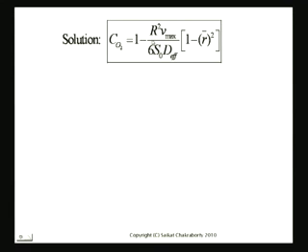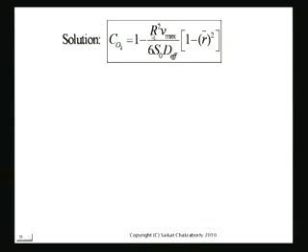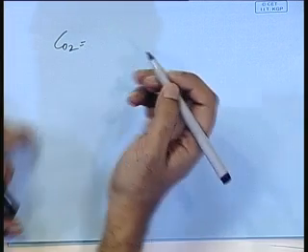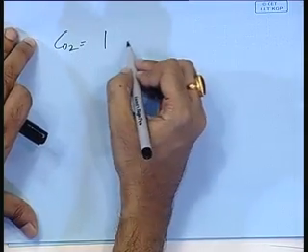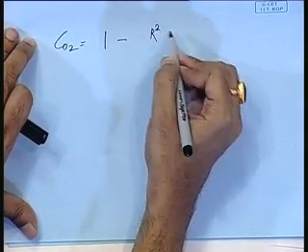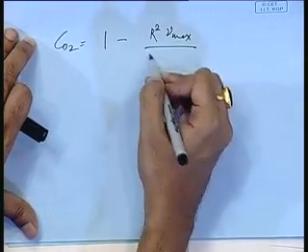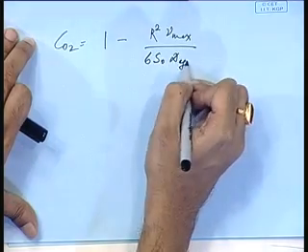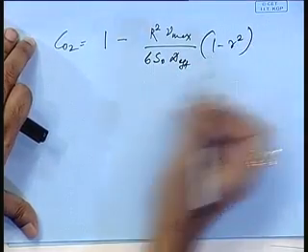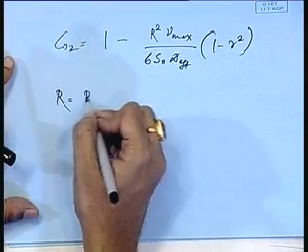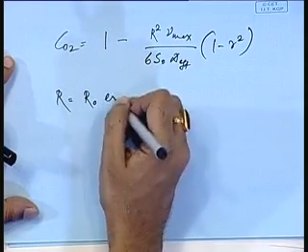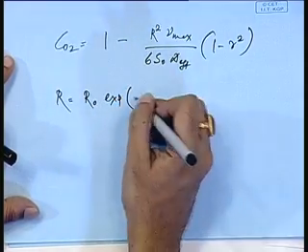Or in other words, if radius varies linearly with time, or radius varies exponentially with time, then you go and put that into this equation. Is that clear? Let me write it if it's not clear. The solution that you get here is C naught times 1 minus r squared. Now if r equals some r naught at t equals 0 times, let's say, exponential kt, I'm just assuming exponential.